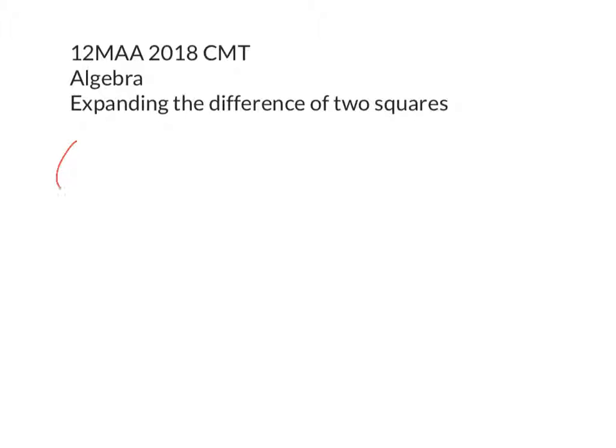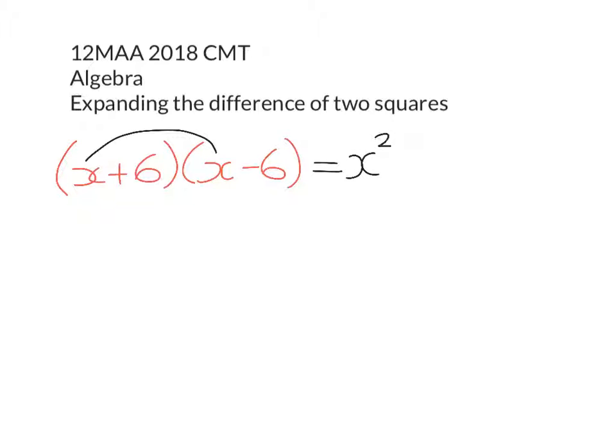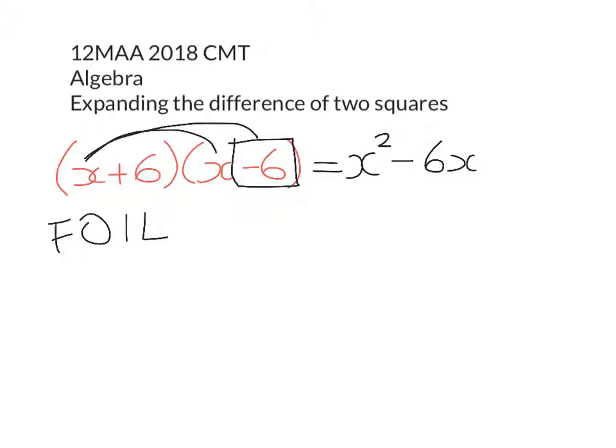So suppose that we've got x plus 6 times x minus 6, and we go to expand it in the usual way. What do we get? Well, using FOIL, first two, x squared, then the outer ones, minus 6x, then the inner ones, plus 6x, minus 36, coming from the plus 6 times the minus 6.